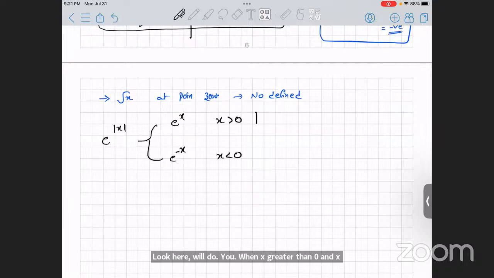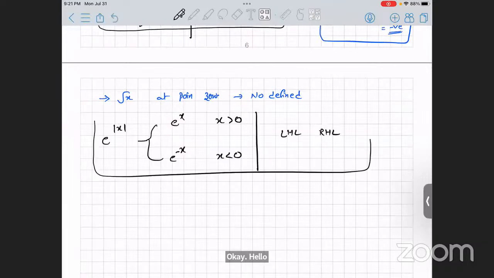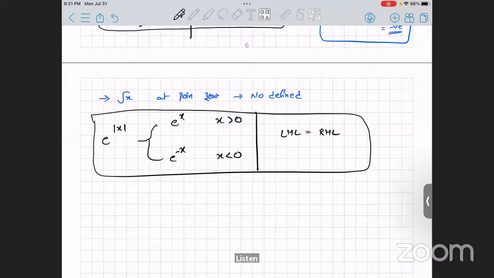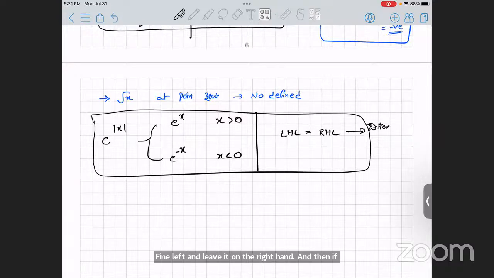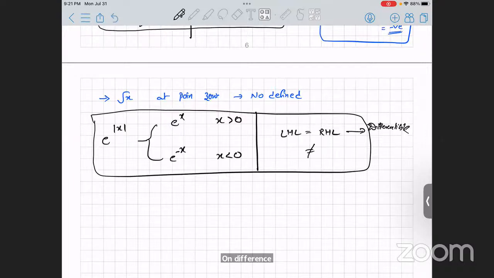And the same way, we will find the left hand limit and right hand limit. Find the left hand limit and right hand limit, and if both are equal, then you can say differentiable, otherwise non-differentiable. But how is e to the power mod minus x equal to e to the power minus x? Why is it not e to the power x?